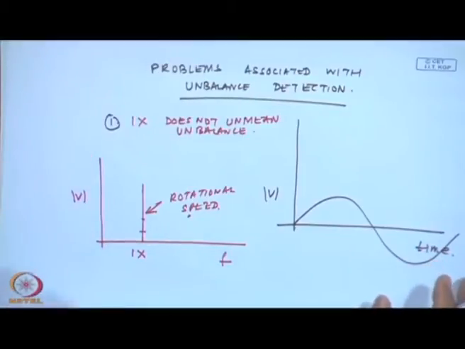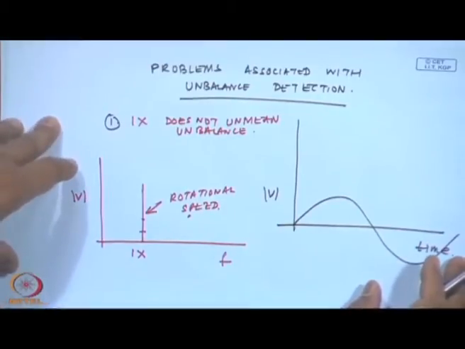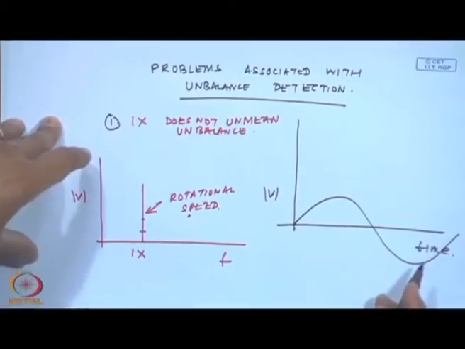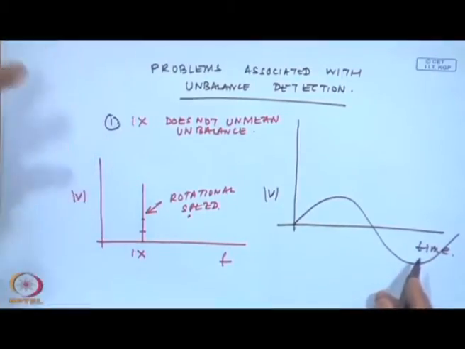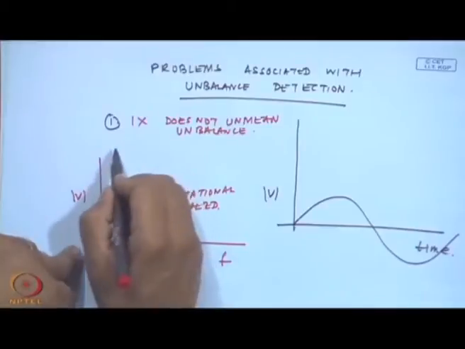There could be looseness, there could be misalignment, there could be cracks, there could be bearing defects. So, how do you say for sure that this is an unbalance? That is where you look into the phase relationship between a few transducers. That is when you look into the relative amplitude between the radial and the axial. Okay.